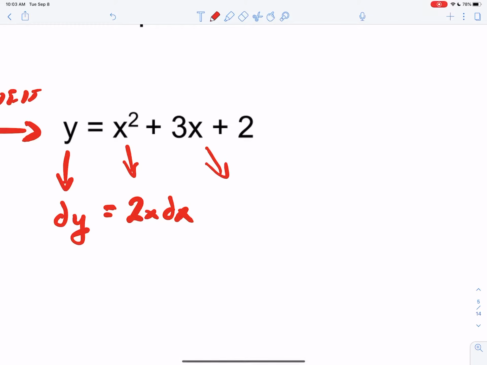The derivative of 3x is just 3, but the differential of 3x is 3 with respect to x. Okay? And the derivative of 2 is just 0 because it's a constant. So the differential of 2 is still just 0, and it has no variable there, so we don't need a differential. Okay? So first step, we take the differential.